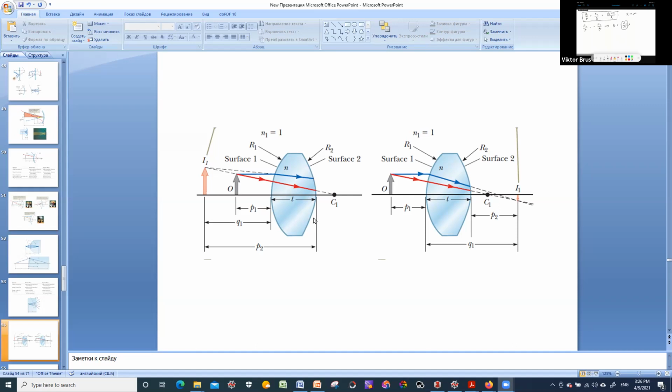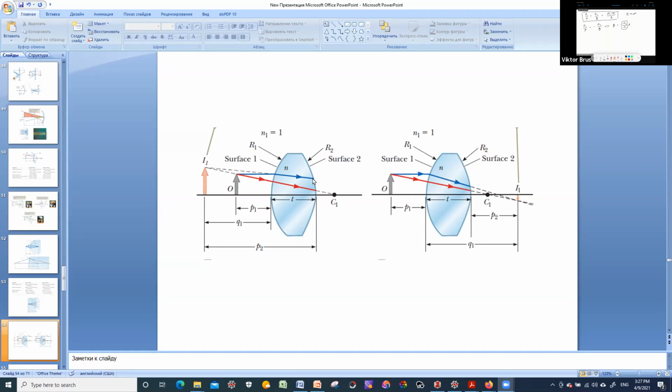In order to take this into account, we first find the image formed by the first surface, and then consider the image formed by the first surface as an object to build the image formed by the second surface.